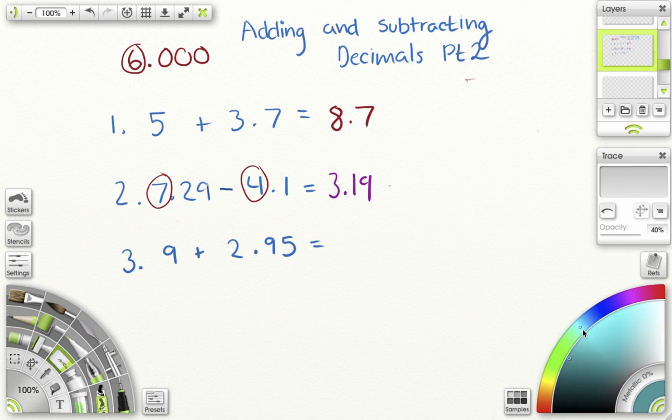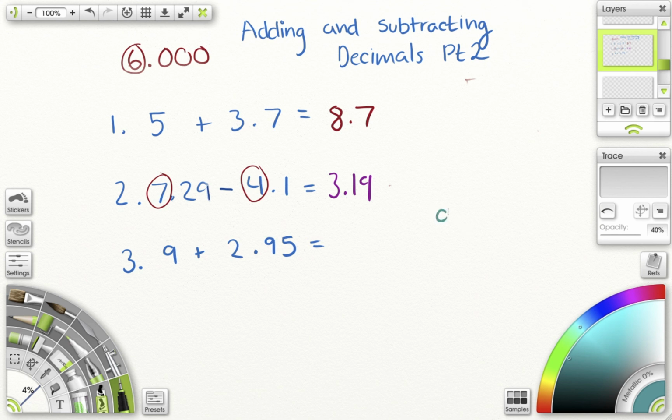And there we are. Last one is 9 plus 2.95. So for this one, similar rule to how we did the first question. We had a whole number and we had to tag on a 0.0 after it in order for it to line up. We're going to do the same thing this time.